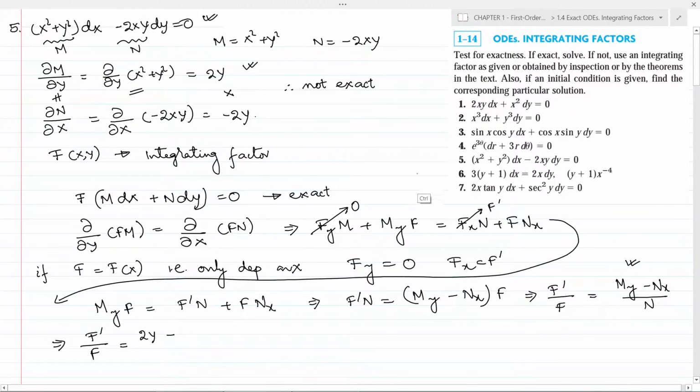This N_x is del N by del x, which is minus 2y. So, we will write minus 2y in brackets divided by N, which is minus 2xy.